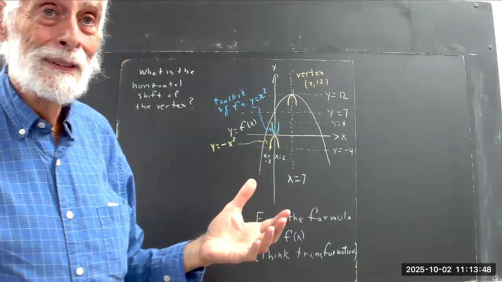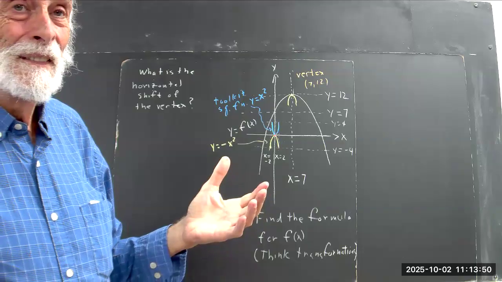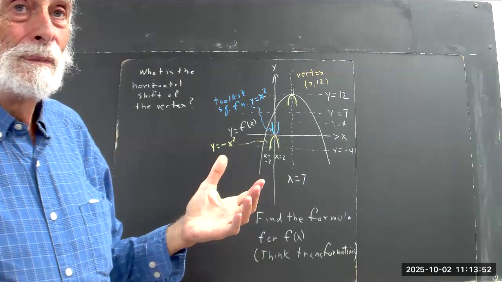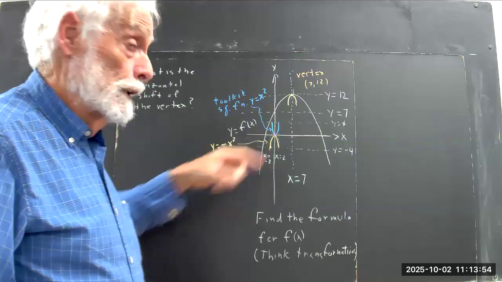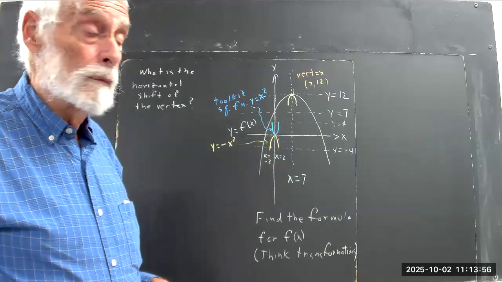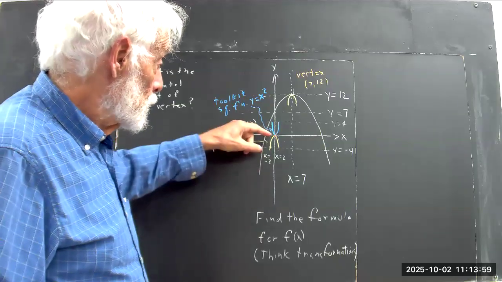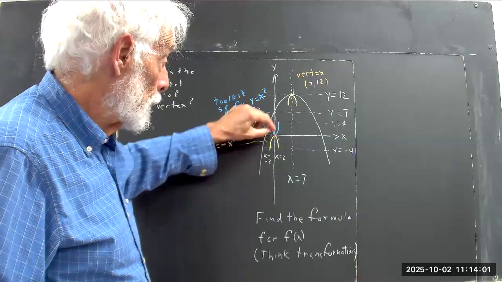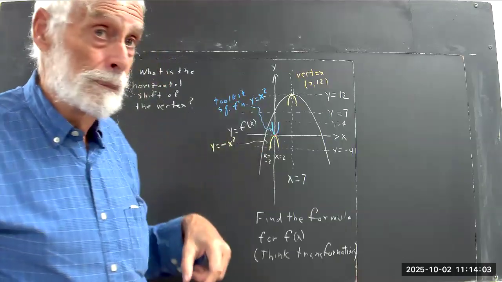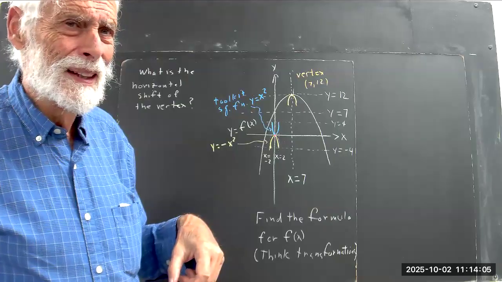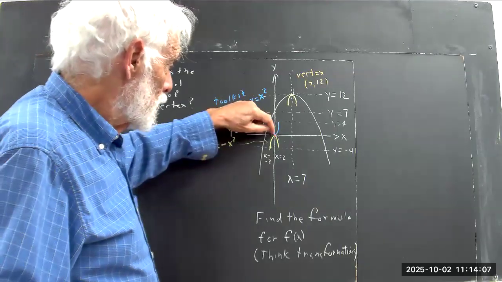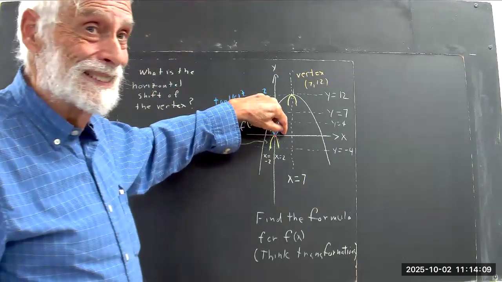You show me some figures. I mean, here's the vertex, right? Well, 2 would get the vertex from here to here. And 4 would get it from here to about here.